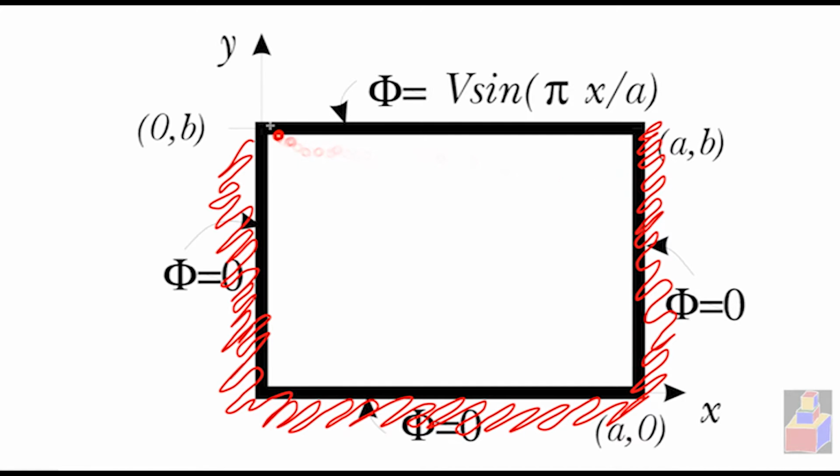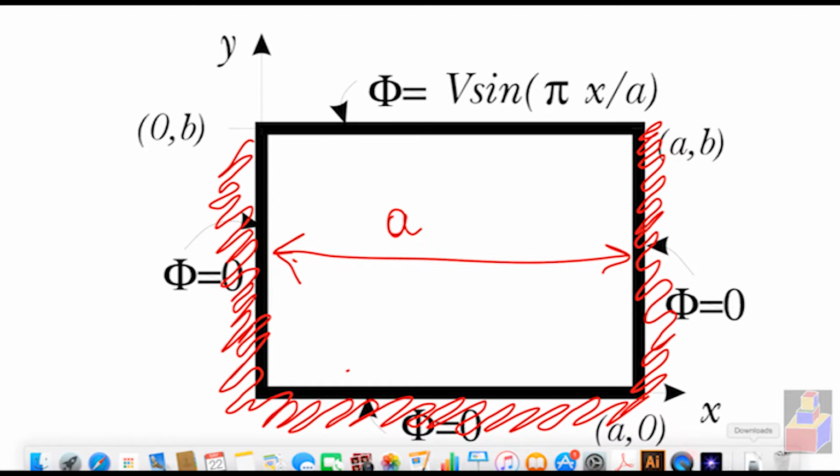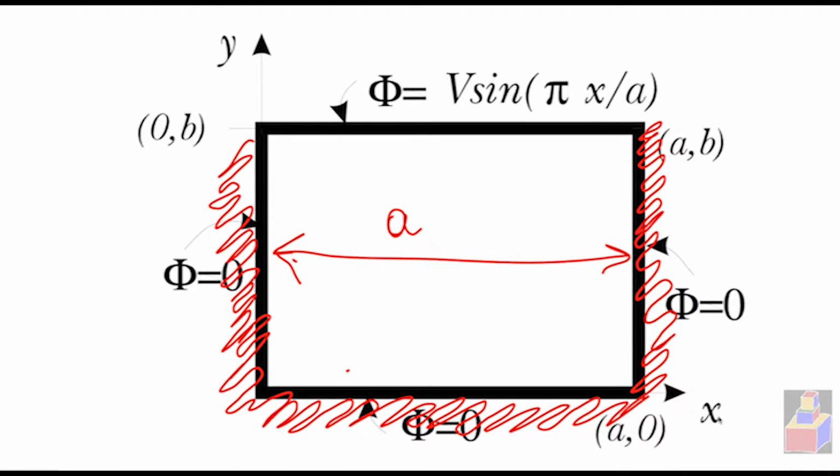And then here we have a very specific variation. In fact, I have chosen a specific variation that fits into one of the eigenfunctions of the problem, okay? So let's say that for y equals b, this width is a here, and this one is b.